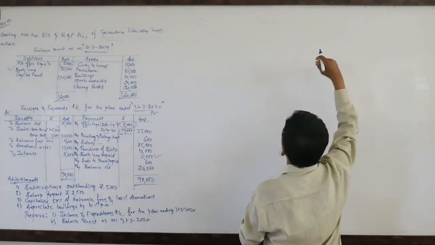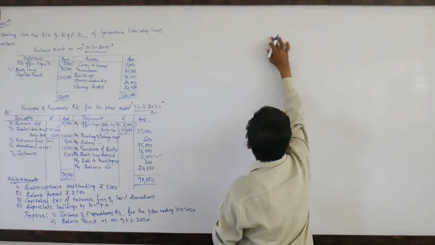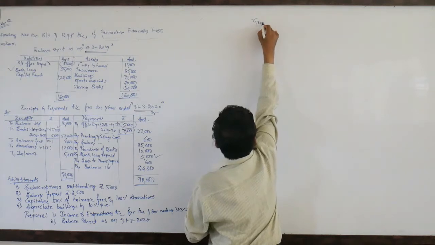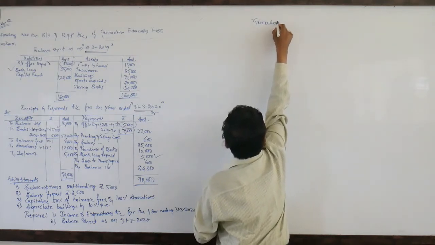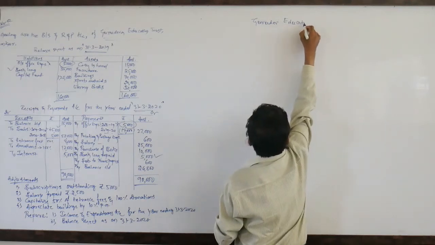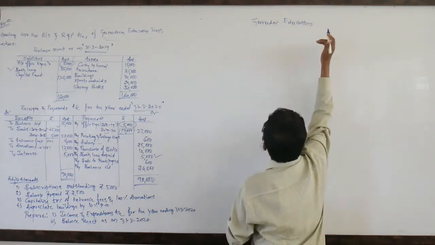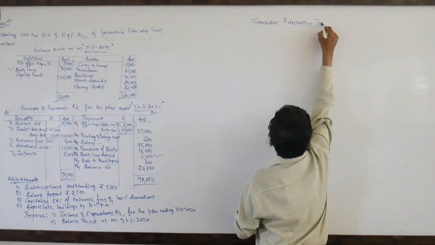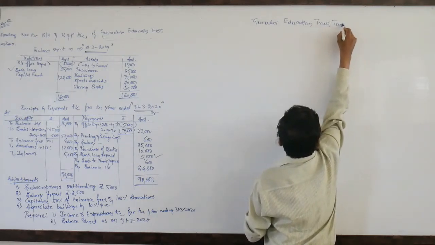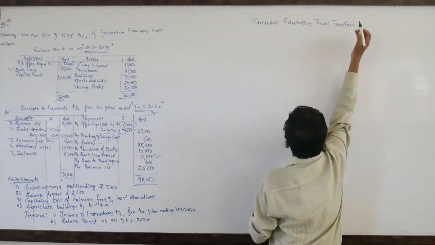Firstly, we need to write the non-profit organization name, that is Gurudev Education Trust, Tumkur.